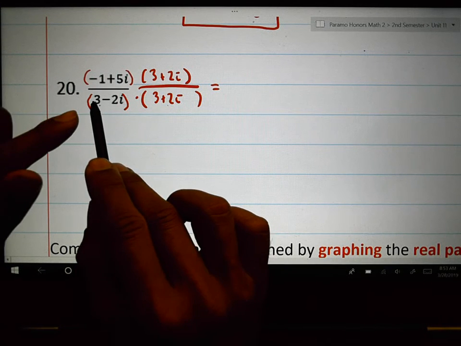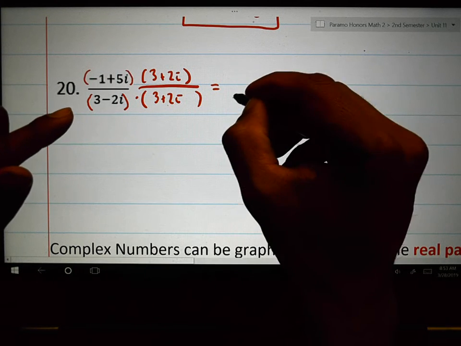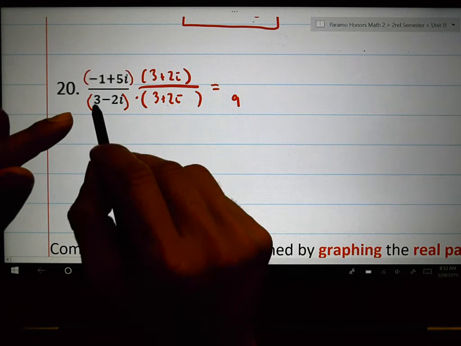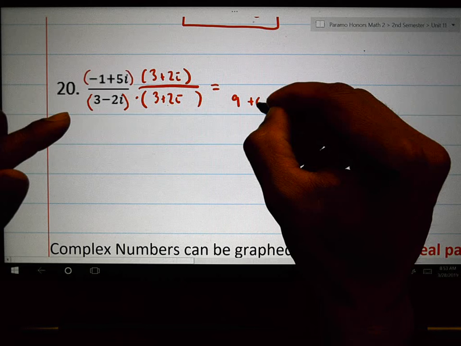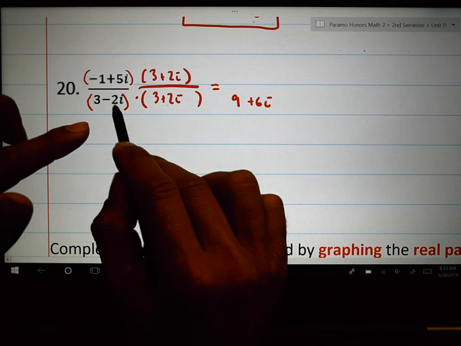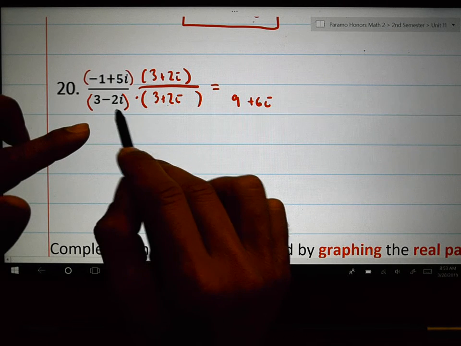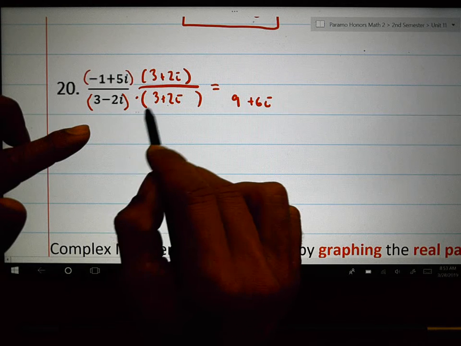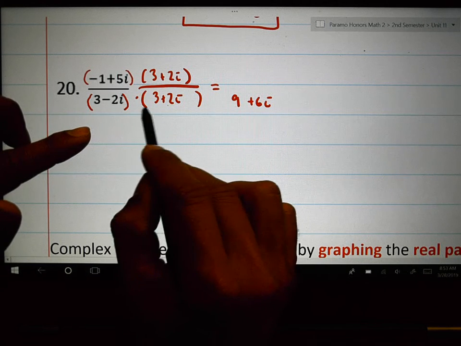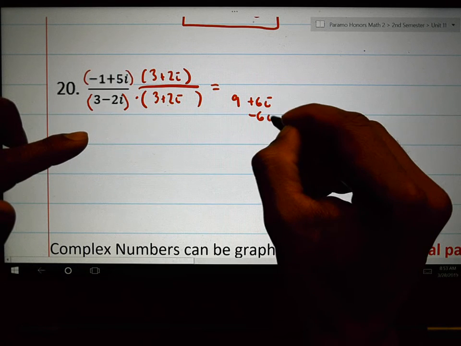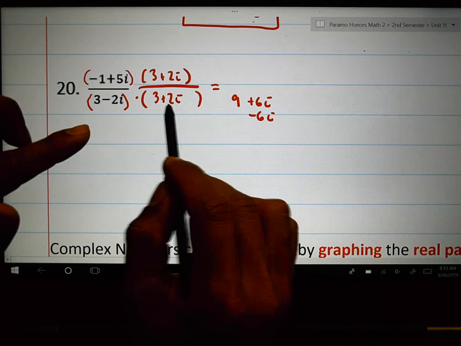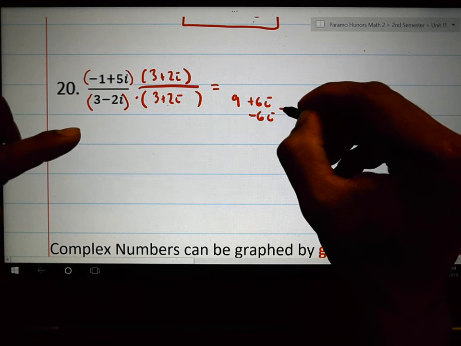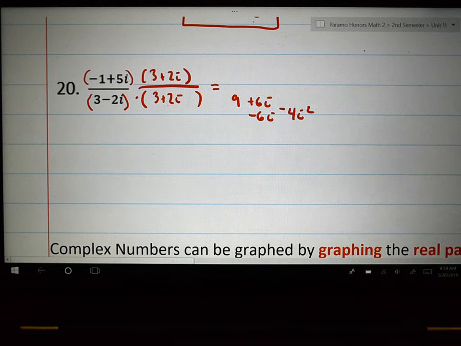What is 3 times 3? 9. 3 times a positive 2i is plus 6i. What about the negative 2i times 3? Negative 6i. And what about negative 2i times a positive 2i would be? Negative 4i squared. Okay, so that's just my denominator.